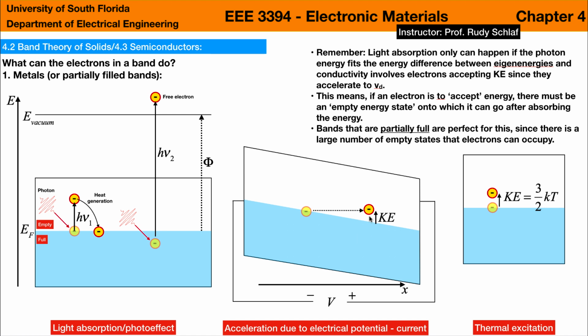So they simply go to a higher energy state based on how much kinetic energy they accept from the applied potential. So this gives us conductivity. And then of course they can also accept thermal energy, which means that they go to an empty state that is about kT away from where they came from, near the Fermi energy.